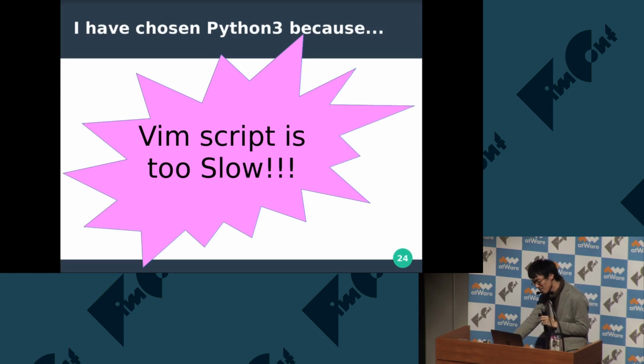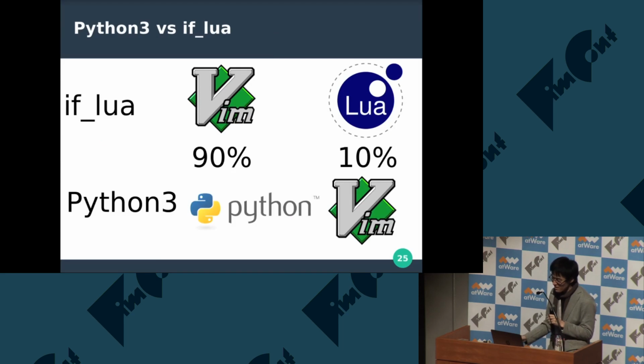Unfortunately, if_lua was not enough. if_lua means using Vim script mainly and using Lua partly. A Python 3 remote plugin means using Python 3 mainly and using Vim script partly.